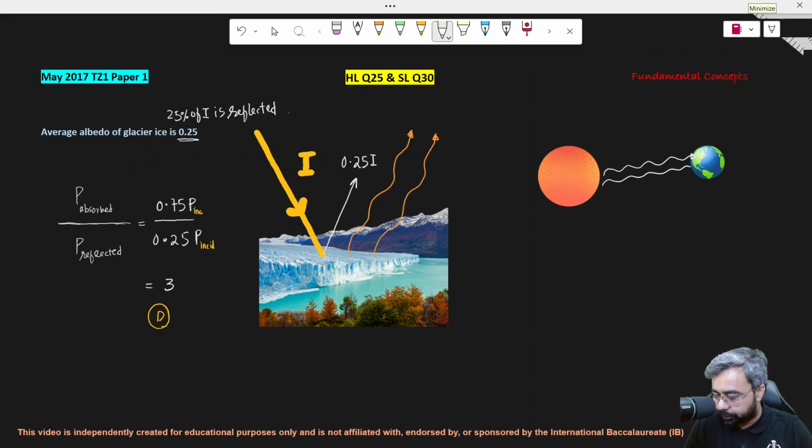I'm considering that not all of the light incident on earth is eventually incident on the surface of earth. Just one fourth of the area of earth absorbs that light. And further, a part of that light is reflected, and the rest is absorbed. That absorbed power actually raises the temperature of the surface of earth.